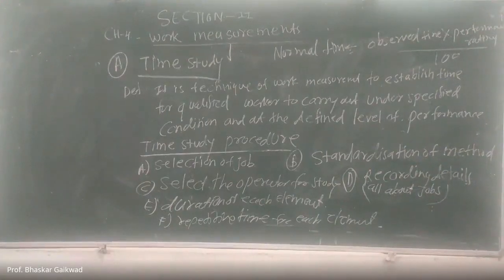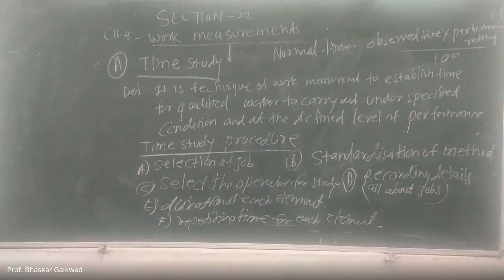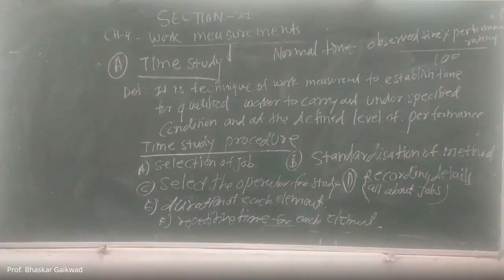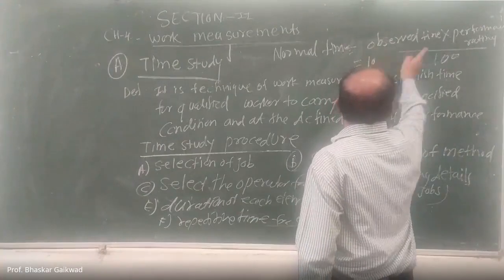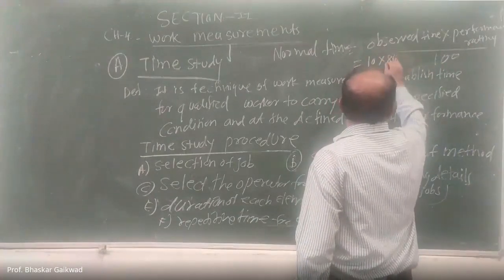If a 100% accurate, skilled worker completes the job with high patience, let us consider that as 100. But the performance rating is always in percentage, that's why divided by 100 is there. So observed time into performance rating. Suppose observed time is 10 minutes and performance rating is 80. So here observed time is 10, performance rating is 80.